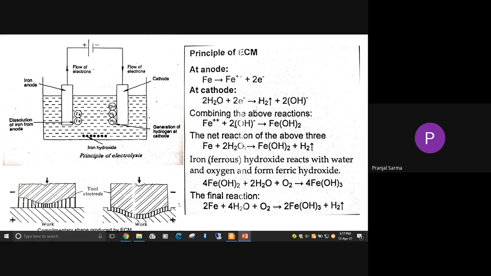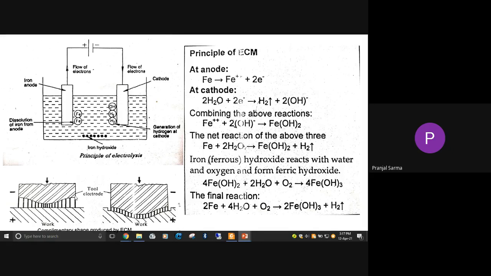If the tool shape is like this, finally in the workpiece also the dissolution is happening like this. Whenever you are feeding the tool electrode, we expect this kind of result.